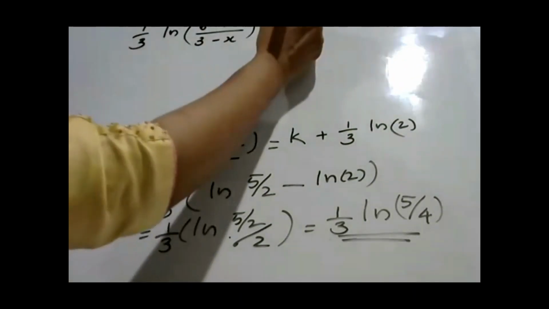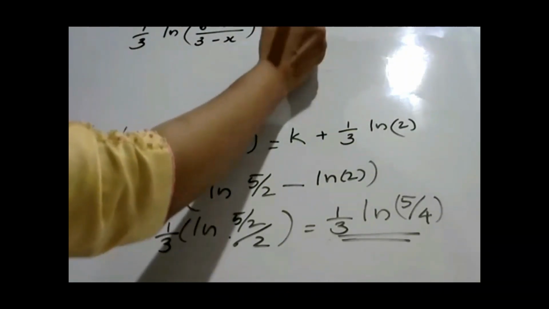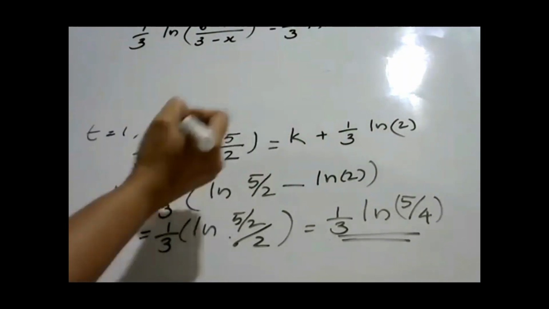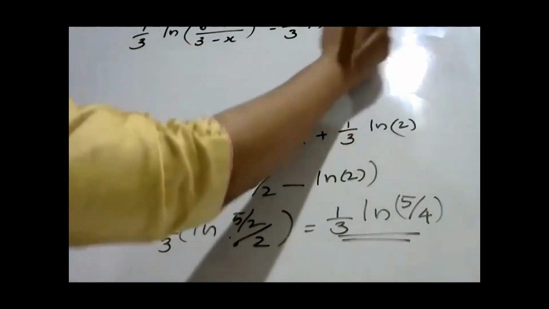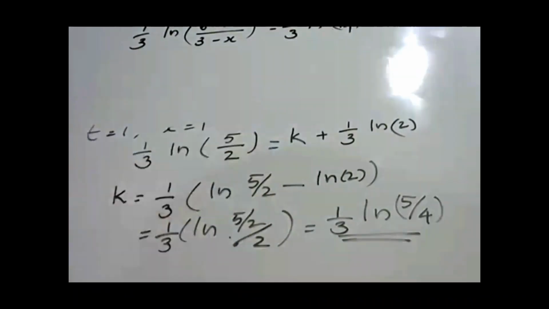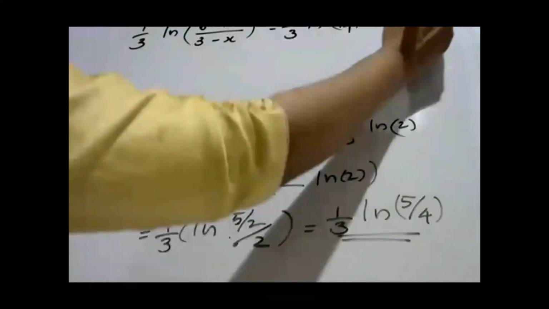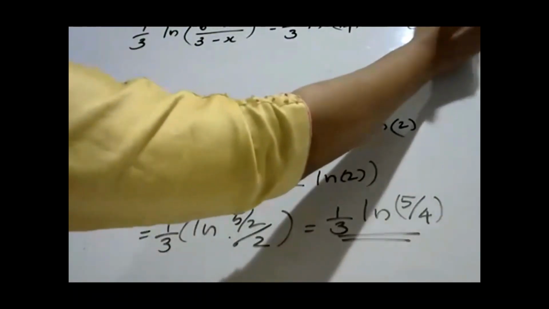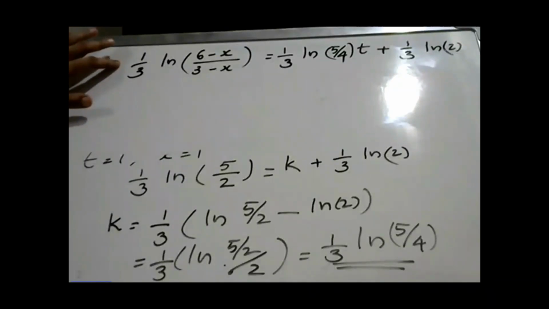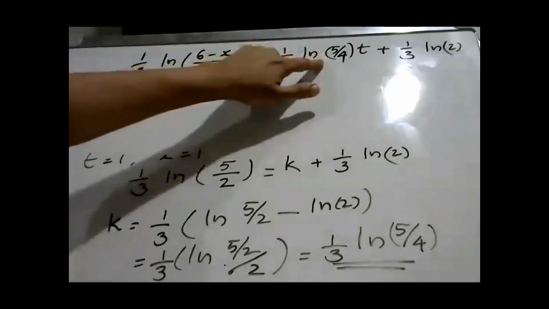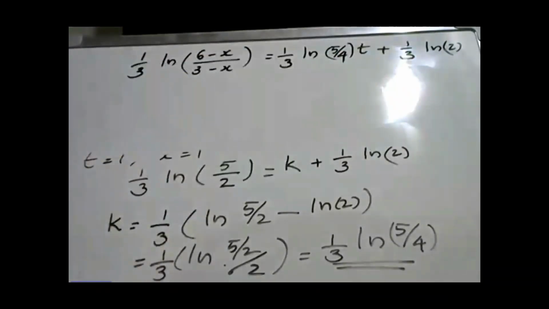What is the value of k? k is 1 over 3 ln 5 over 4. c we also have calculated as 1 over 3 ln of 2. So this is now our equation. We have given the values for k and c.